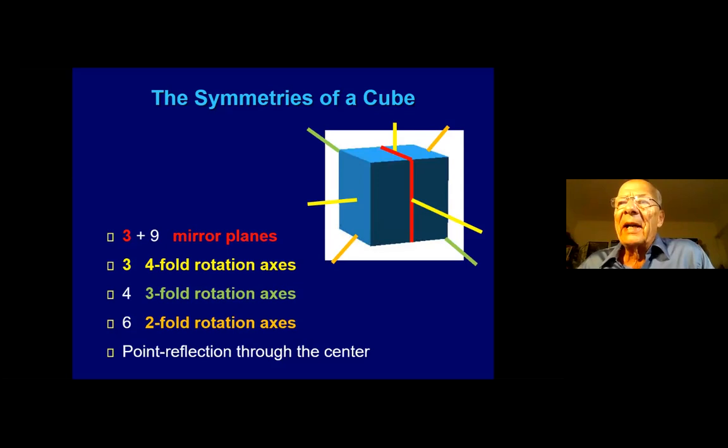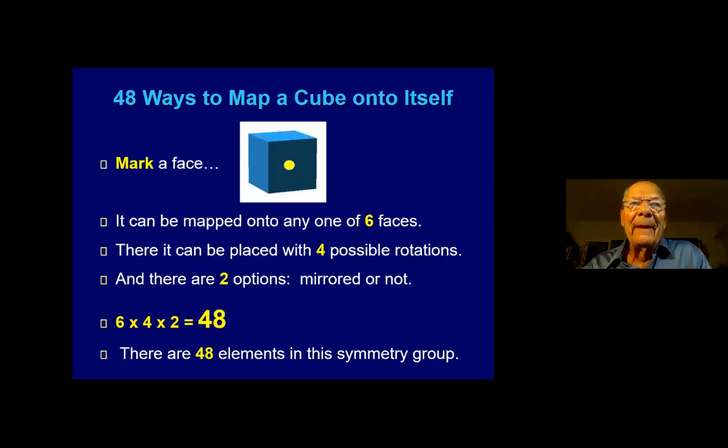And we can combine several of these operations to bring a cube into coincidence with itself. So how many different ways are there? Take a guess. To find out, let's mark one face of the cube with a yellow dot and count the ways that this marked face can be mapped back onto the cube.